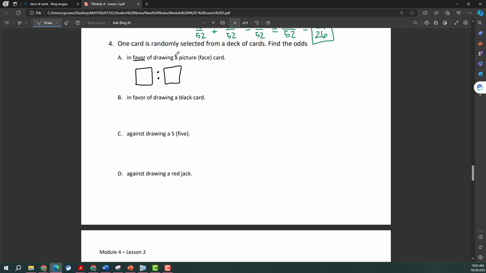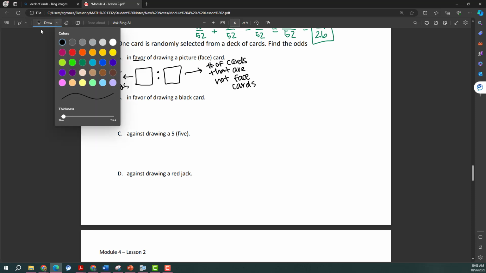So it says the odds in favor of drawing a picture or a face card. So since we're looking at the favor, we want the number of cards that are face cards. And then over here we want the number of cards that are not face cards.